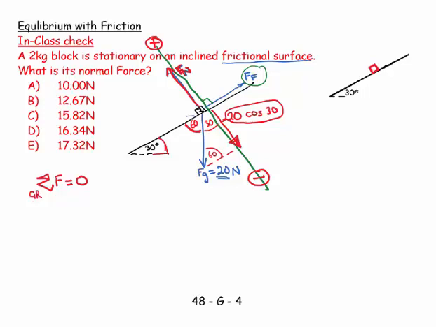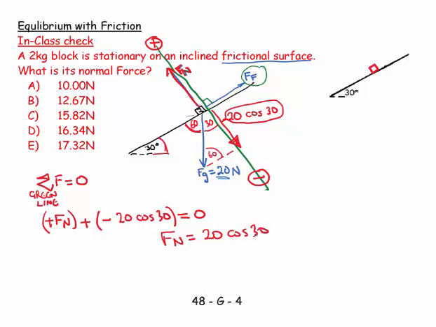So I'm going to say sum of the forces along the green line. And so I look at my diagram and I say plus Fn added to minus 20 cos 30 equals 0. So, rearranging, Fn is equal to 20 cosine 30.